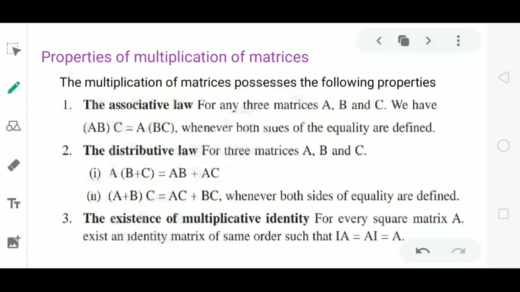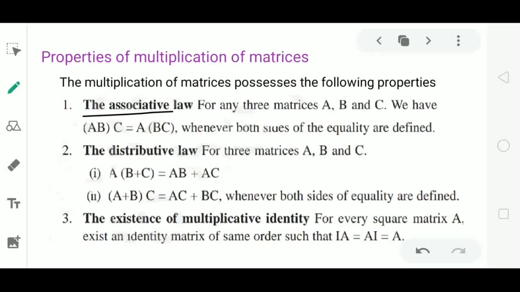Next, properties of multiplication of matrices. So as we discussed the properties in addition and scalar multiplication, multiplication of matrices also satisfies some of the properties. Let us see one by one. First one, associative law.